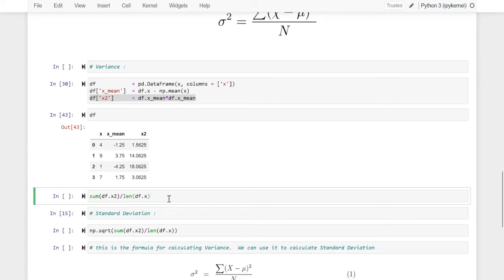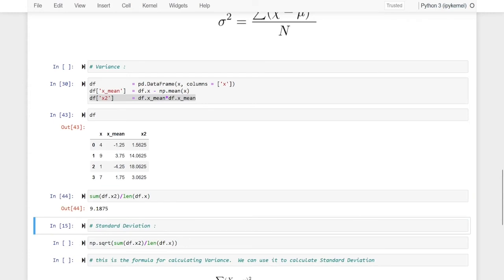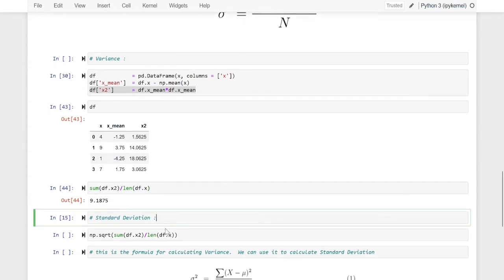Now, when we do this, what will we get? We will get variance. See, this is the calculation of variance. How will we get standard deviation? Take the square root of this number. So square root, and the same stuff we will keep. We will get standard deviation.